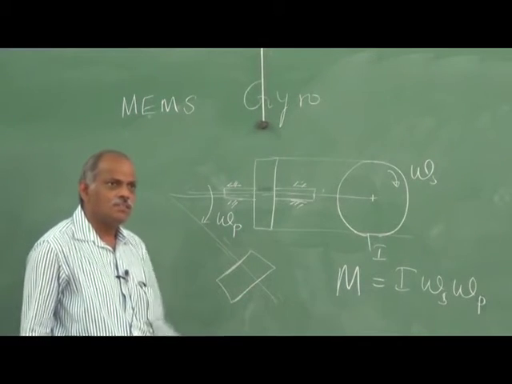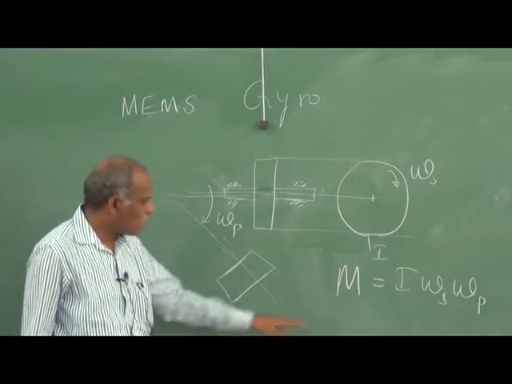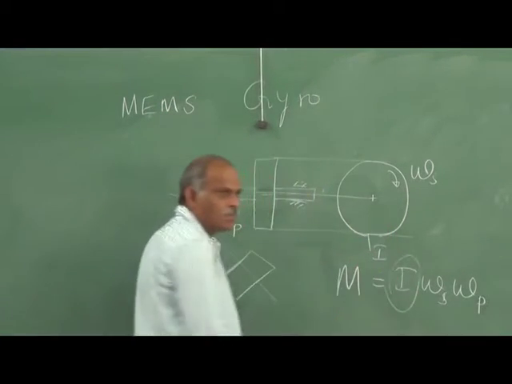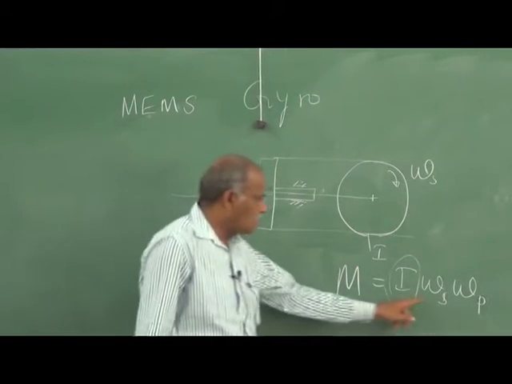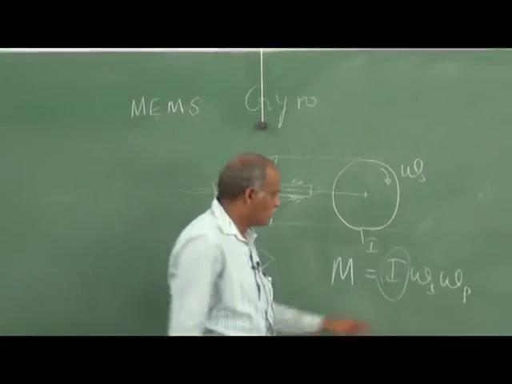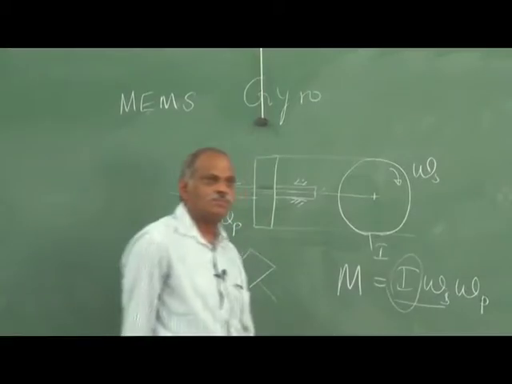So in this gyroscope, there is a disc with moment of inertia I, and you spin it with the angular velocity omega s, and these two are known.